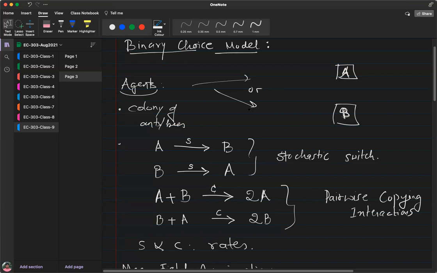Yeah, like will one of them take over the world, or will both of them coexist? A coexistence between two species. So how would you interpret? Can you interpret A and B as species here? Because they're switching back and forth, no? You can't, right?